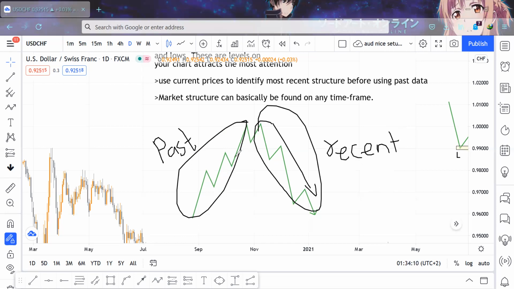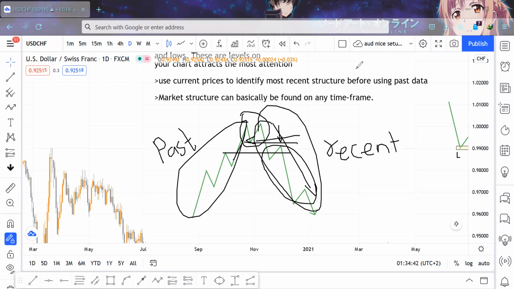Now, if you can see here that this level here has been broken to the upside with a new level being formed here and actually forming a reversal pattern, right? Then you can see that here we actually had structure come and test back into a previous level. Now, this means that you're using current price, identifying what is happening on your current trend and then using your previous data to give yourself validation, right?